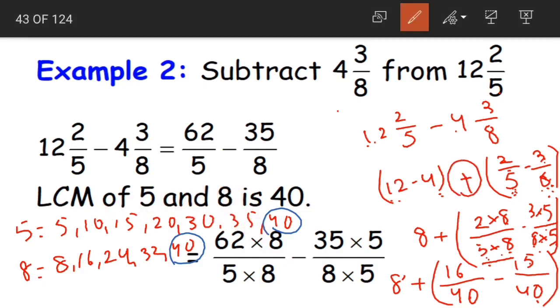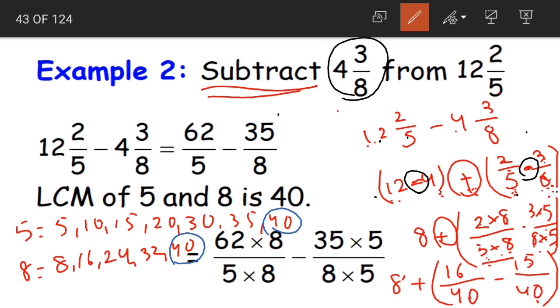Now why is this plus here we are doing? You might get a doubt. We are subtracting the fractions, but why is the plus written here? See, actually here we are subtracting itself, so we have written the subtraction signs inside the brackets. We are subtracting the whole numbers and then subtracting the fractions. But what does this mixed number mean? 4 3 by 8 is nothing but 4 plus 3 by 8. So ultimately we have to add the whole number part and the fractional part.